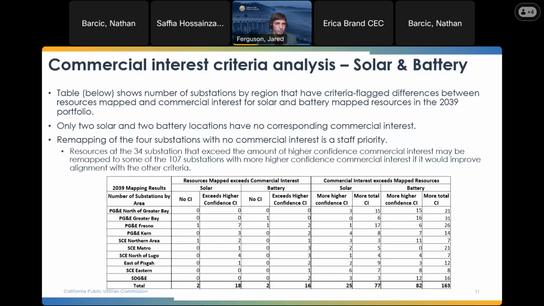So particularly those four substations with no commercial interest, but also those 34, are the substations we are looking at to assess if it warrants remapping resources from those substations to one of the over 200 substations that have more commercial interest. So this is that key alignment with commercial interest criteria for solar and storage. Next slide.